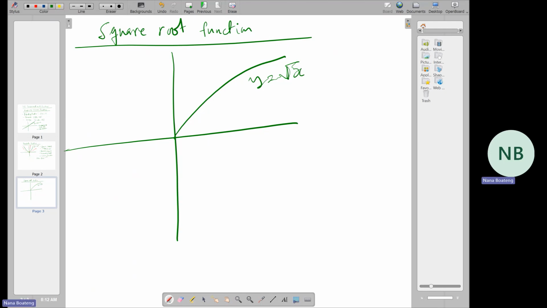Its domain only goes from 0 to the positive axis, so the domain is from 0 to positive infinity.